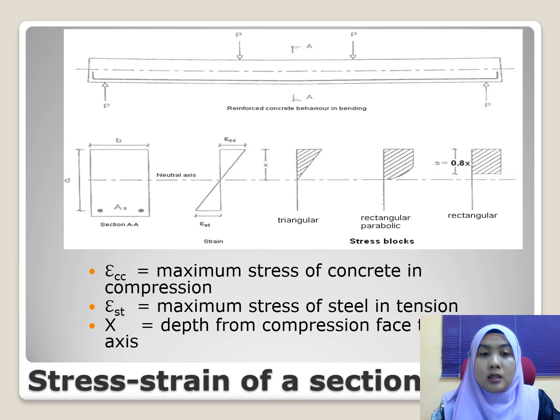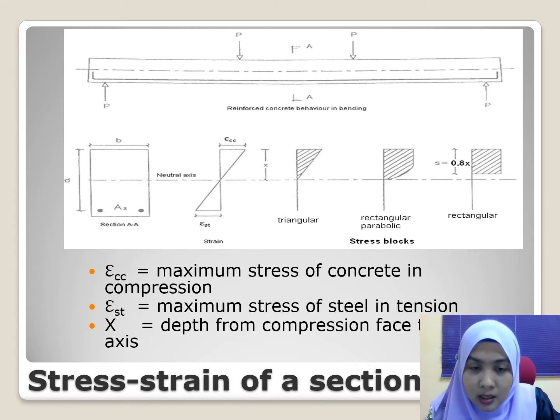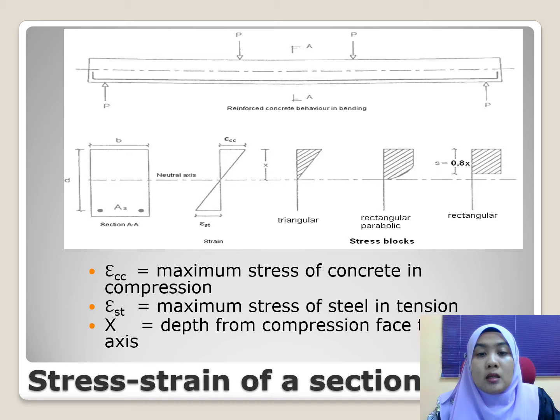In stress and strain of a section, this is what we call the stress block, which is the development of the stress block when the concrete behaves in bending. At the beginning, concrete is considered elastic, so the stress and the strain are linear, and the shape is triangular.